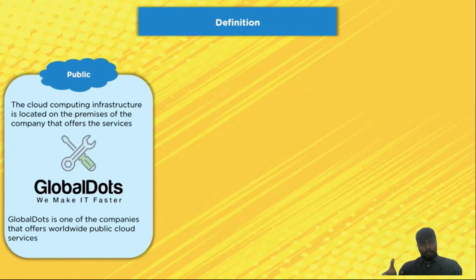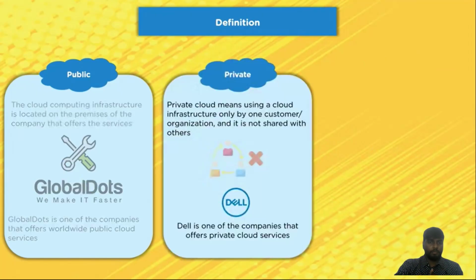The public cloud is provided by Global Dots, one of the companies that offers worldwide public cloud services. As we know, AWS, but other than that, Global Dots is also a company which offers various public cloud services. Next one, private cloud services. One of the companies that offers private cloud for particular organizations is Dell.